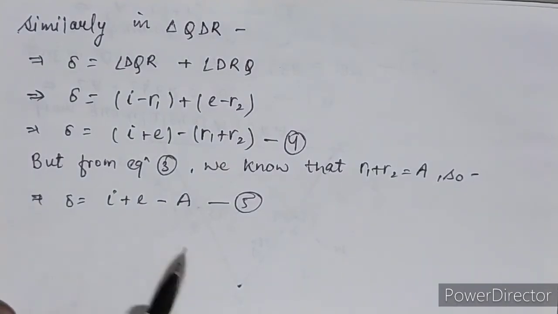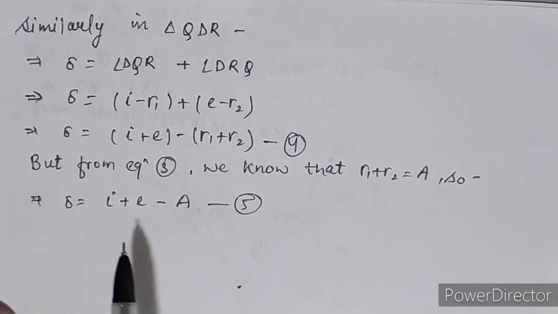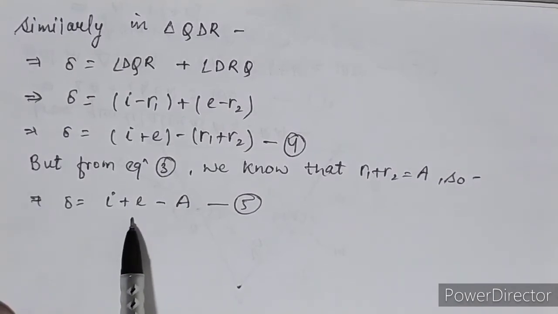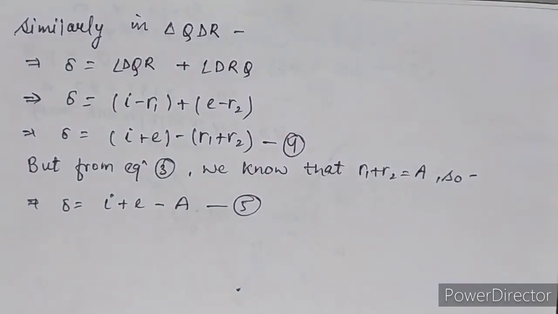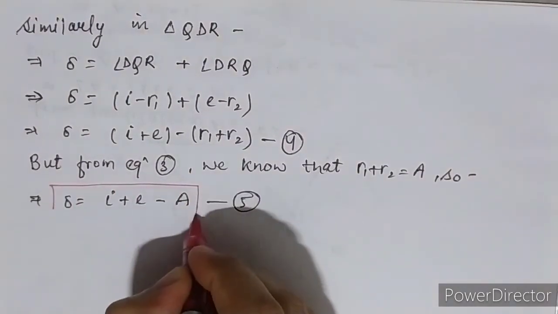Okay, so from this equation we got the relation that the angle of deviation depends upon the angle of incidence. This is the first thing which we have derived.